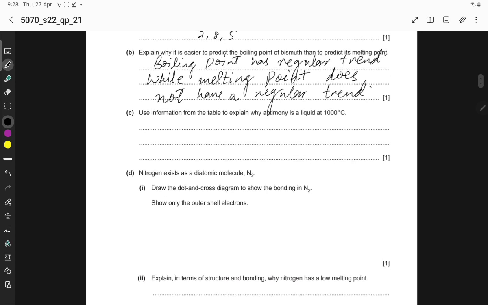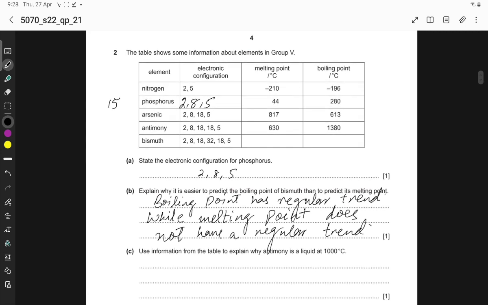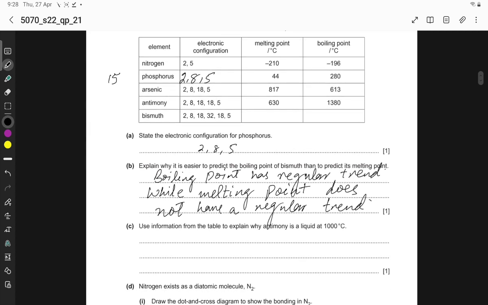Use the information from the table to explain why antimony is liquid at 1000 degrees centigrade. This is the boiling point and this is the melting point.